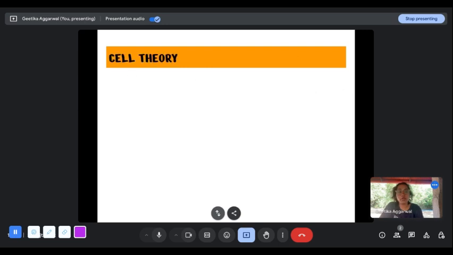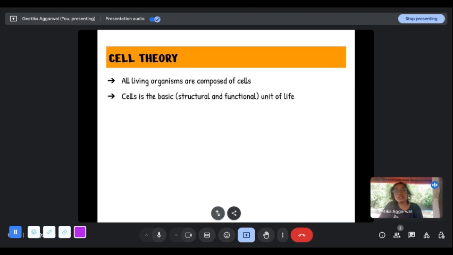Moving on to the very basics of cells, the cell theory. Cell theory puts forth 3 points. One is that all living organisms are composed of cells, whether they be multicellular or unicellular. Next, the cell is the basic unit of life.